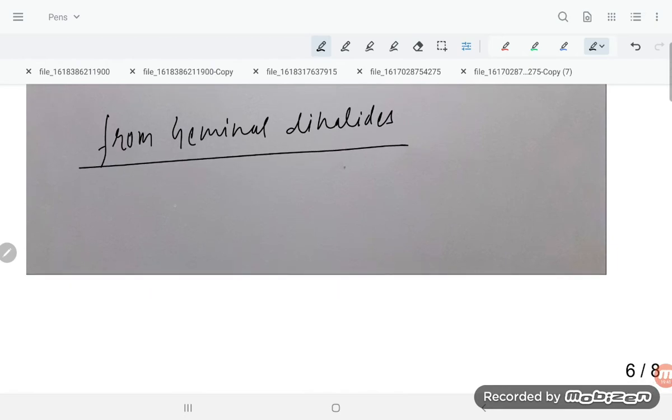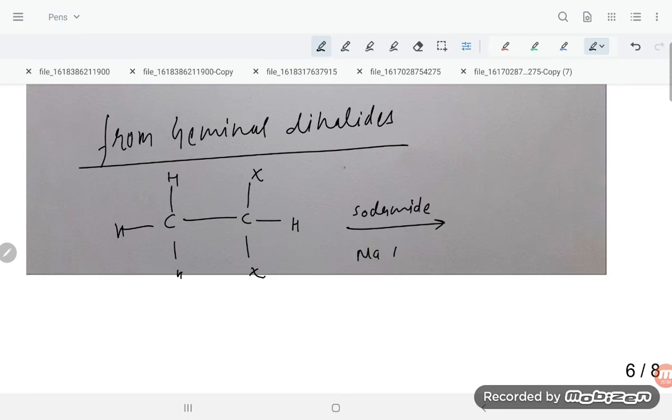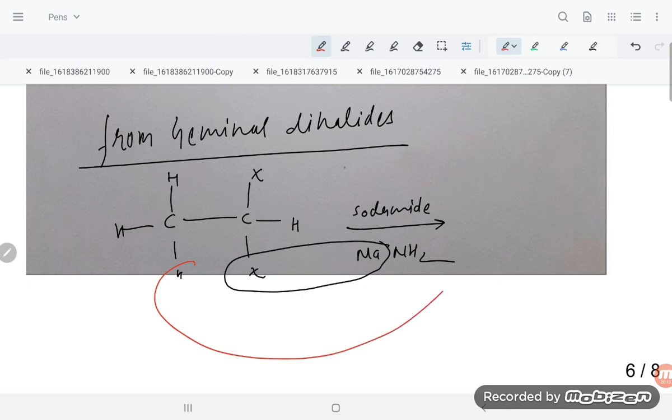Here, if you see, student, C will be there, here is X, here is X, and all the other places are H. Again we are treating with sodamide, which is nothing but NaNH2. So here one NaX is going. Another condition is that this hydrogen and NH2 are going. So what is going to be formed?